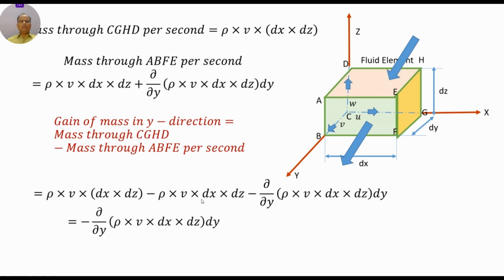Again both will cancel out and the final term is equal to minus dou upon dou y rho v dx into dz into dy. Again this v is a function of y, so rho and v we will keep inside the bracket and the rest of the terms outside the bracket. So minus dou upon dou y rho into v dx dy dz is the quantity of mass gain in the y direction.